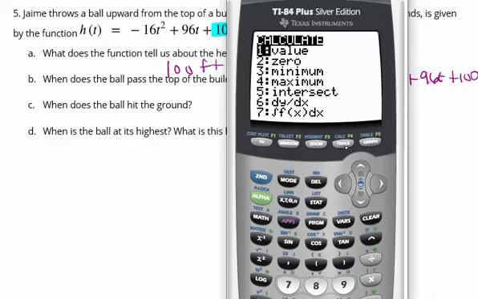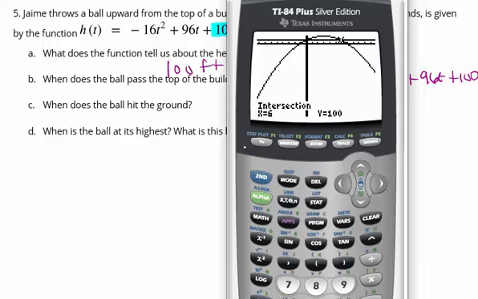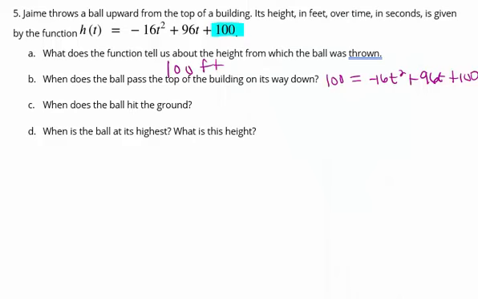So just do second trace, intersect, which is number 5. Move your cursor to the other side of the vertex, and then hit enter 3 times. Okay, so x equals 6. And that means after 6 seconds, the ball will pass the top of the building.